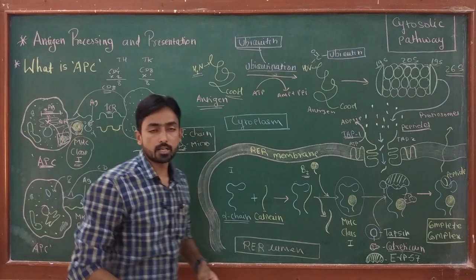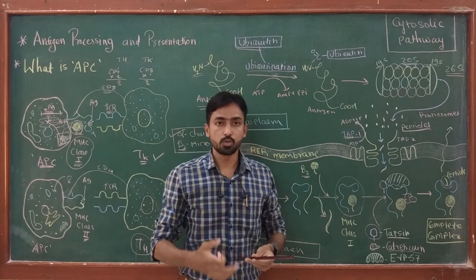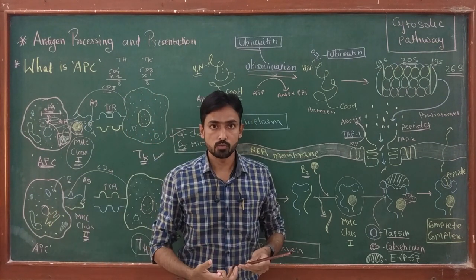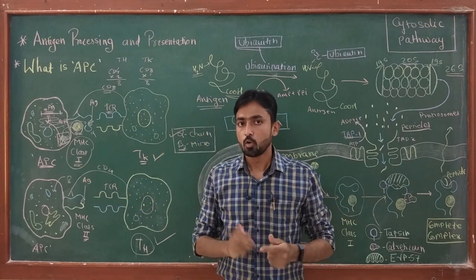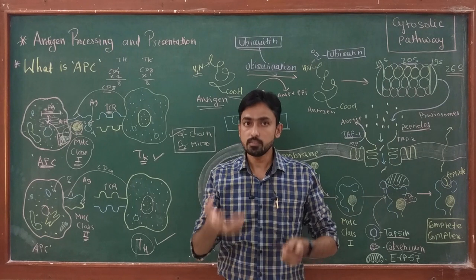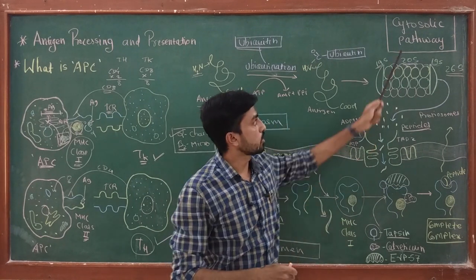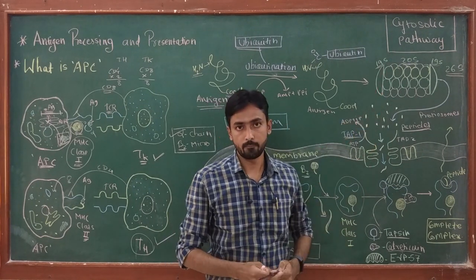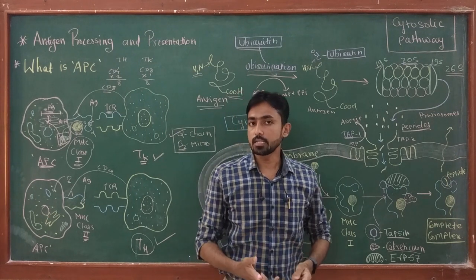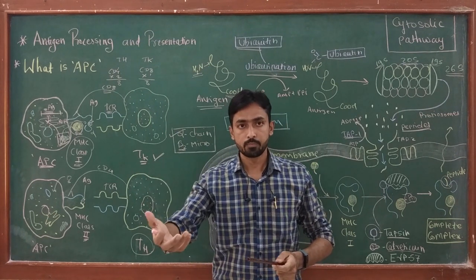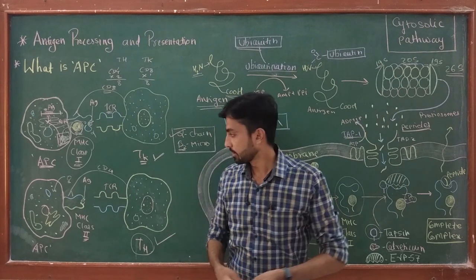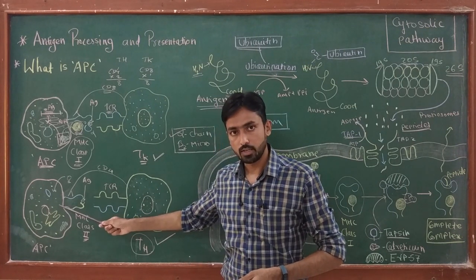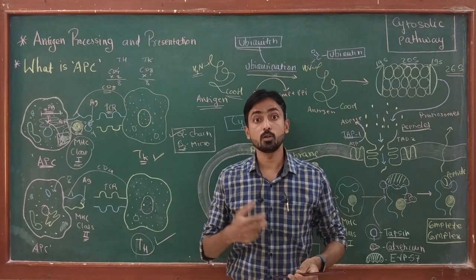And once the T killer cell gets activated, cell mediated immunity is started. So this is the pathway which occurs inside the cytoplasm when the antigen is present inside the cell, and this pathway is called the cytosolic pathway. If the antigen is present outside the cell and the cell has to take the antigen inside before processing, the pathway which occurs is called the endocytic pathway.